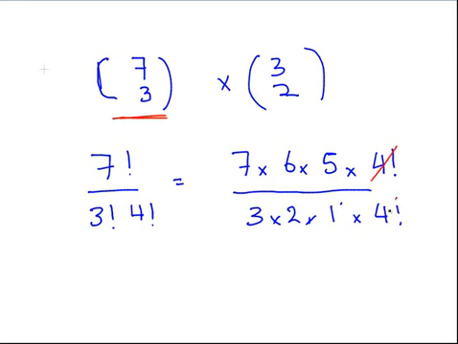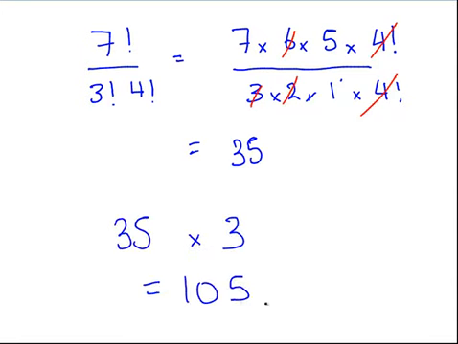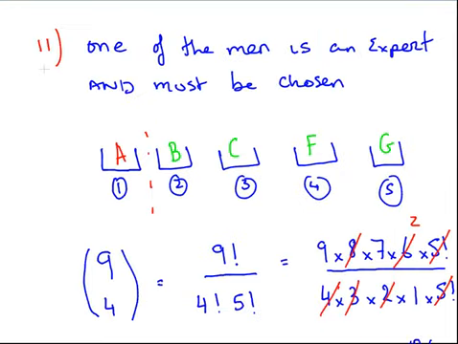The 4 factorials cancel out, and the 6 cancels out with the 3 and the 2, so what we're left with is 35. So the number of ways we can have 3 women and 2 men is 35 times 3, and that's equal to 105.